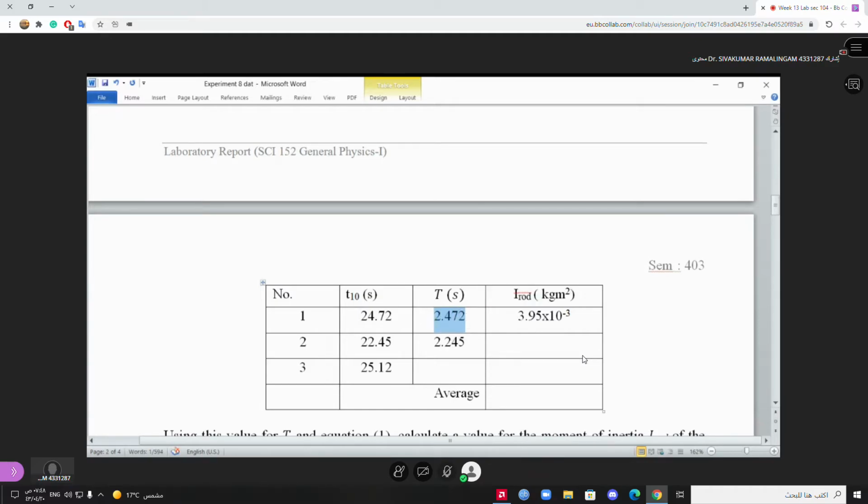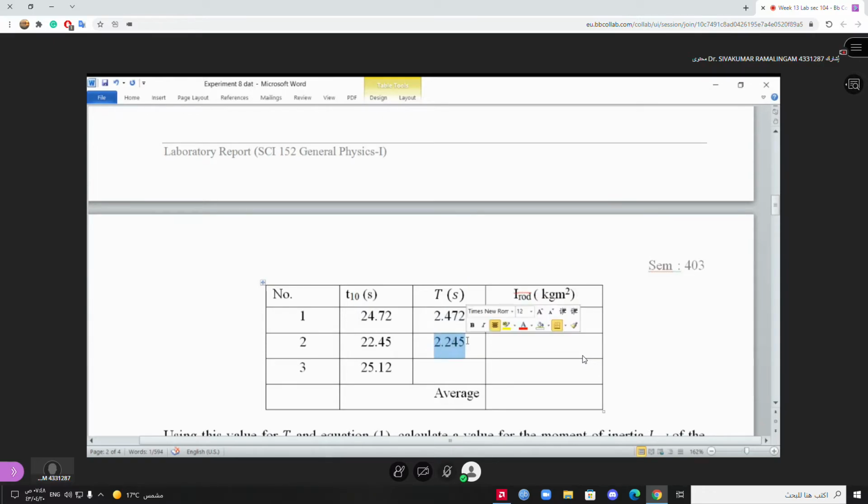Substitute this value in the formula. I will show you the formula later also. Substitute this t value in the formula, that is I equals d t over 2 pi whole square, and you will get this.